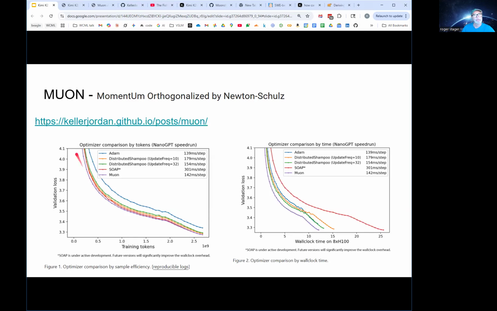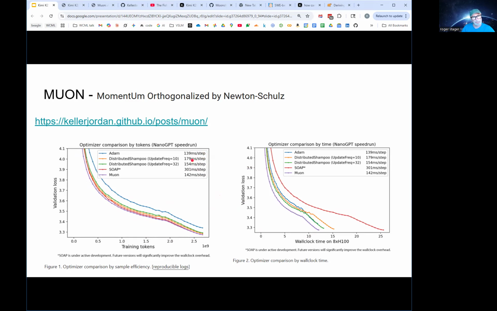Gotcha. Okay. So yeah, Muon is better: lower validation loss for a given number of training tokens. And you can see they have different rates at which they're doing updates. Muon is a little bit slower, and SOAP is quite a bit slower.